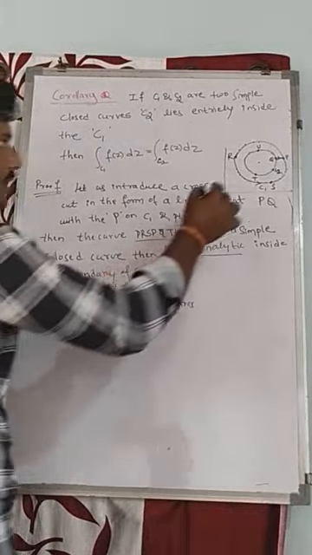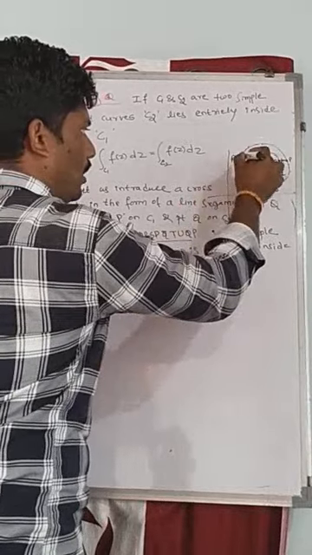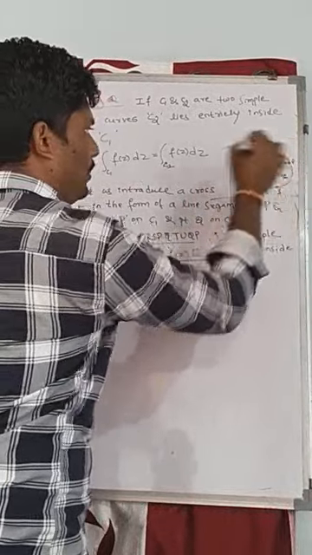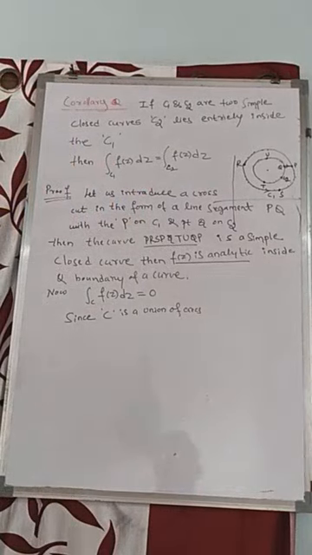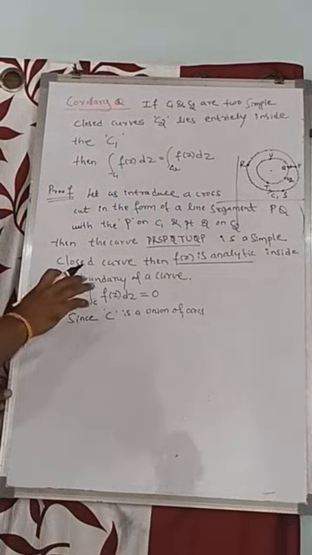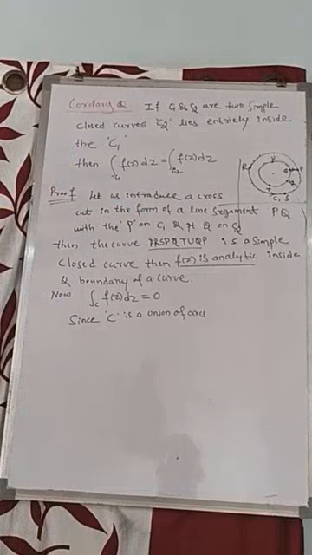Arcs means P to Q, Q to R, R to S, S to P. These are the arcs of the curve.